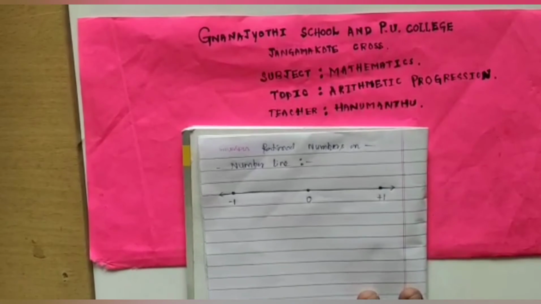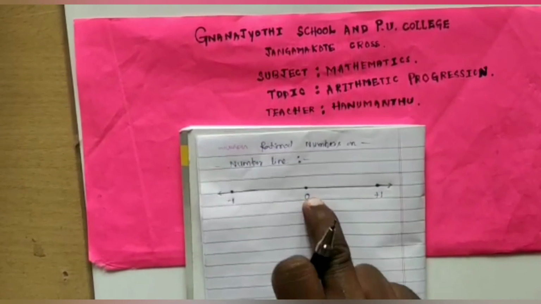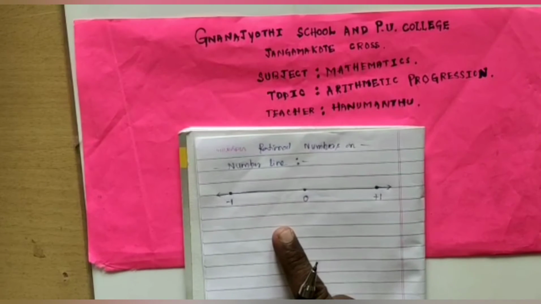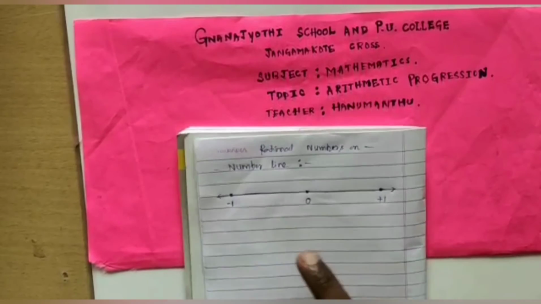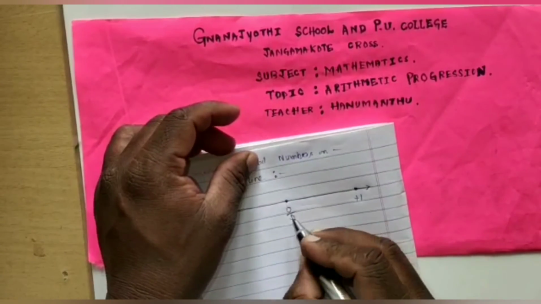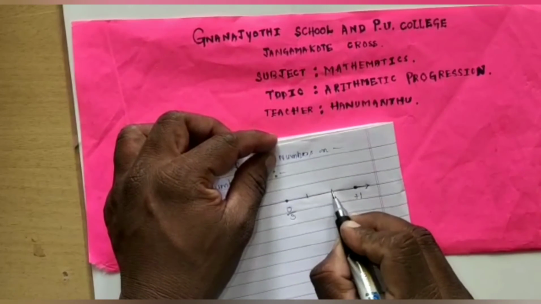For example, if the gap between 0 and plus 1, or 0 and minus 1, is divided into three subparts of equal sizes, then each part is of length equal to the rational number 1 by 3. Two such parts together represent the rational number 2 by 3, and so on. We divide into three equal parts: 1, 2 and 3.